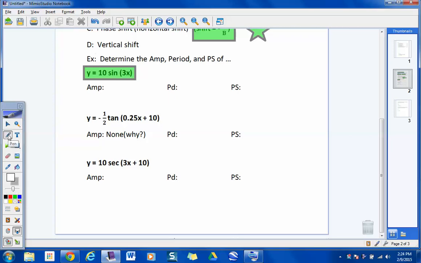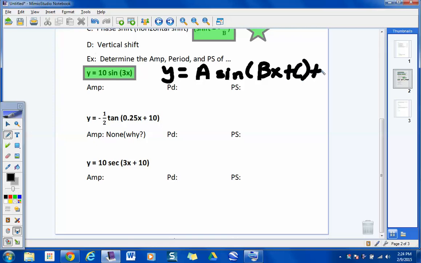Right up here, I'm going to write down y equals a sine of bx plus c plus d out here. Which variable determines amplitude according to this up here in your notes? A. Okay, what is the A value in this function? It is 10. Okay, so your amplitude is going to be 10.